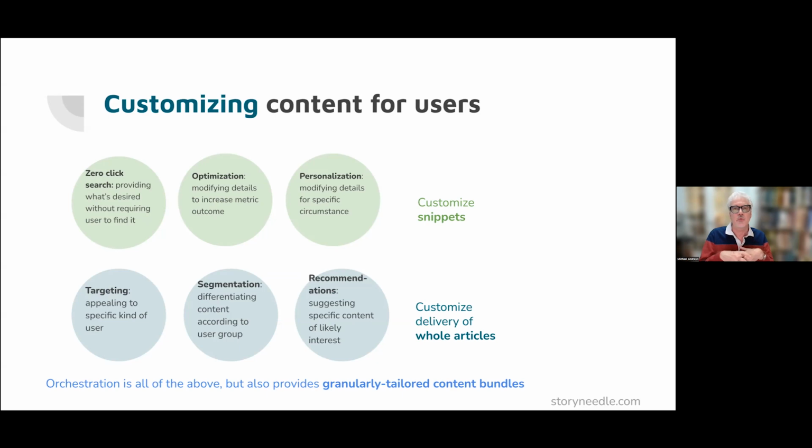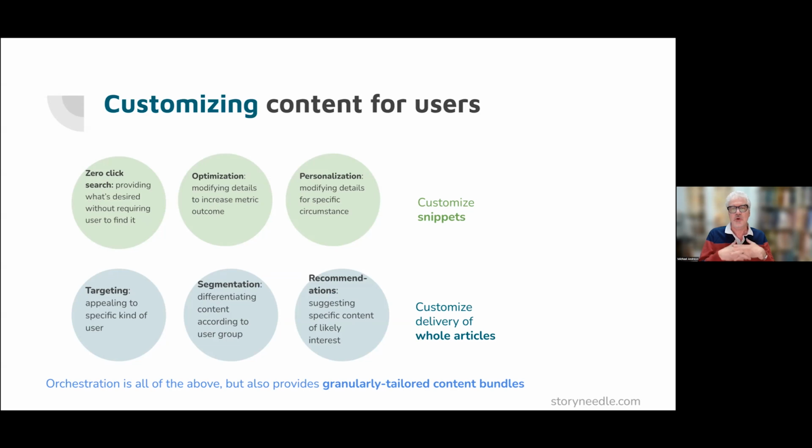And then there are other ways of customizing content that are about the delivery. So deciding which items to give to people. So there are things like targeting and segmentation and recommendations. These are all about making choices about which items to show to people. These are all useful techniques, but they only go so far in and of themselves.